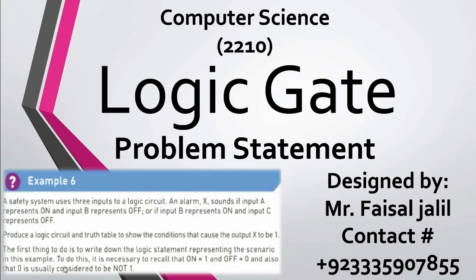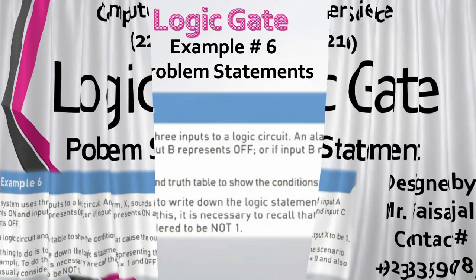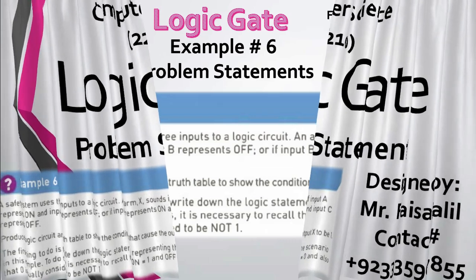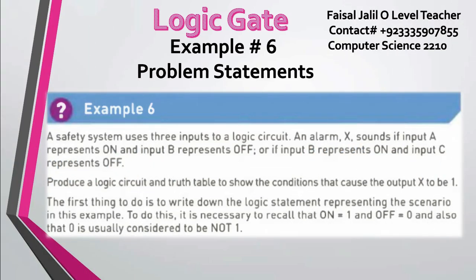And also that 0 is usually considered to be a not 1. Okay, NOT gate, not 1. 0 means NOT gate. Okay, so let's move towards the next slide. Let's open this curtain. So I have explained this thoroughly to you guys.